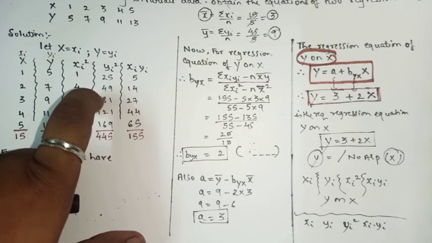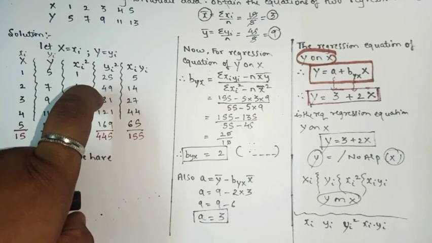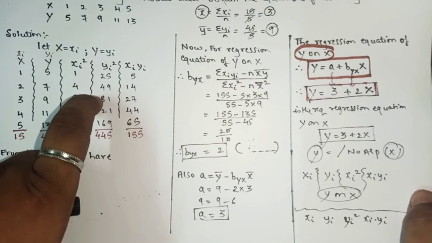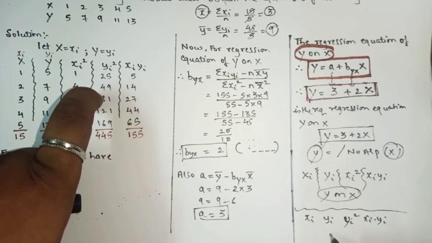Okay, but in the exercise, the majority of the sums are based on y on x only. I can say out of 10, 6 to 7 sums are based on y on x. 2 or 3 sums, just 2 or 3, are based on x on y. So remember this.